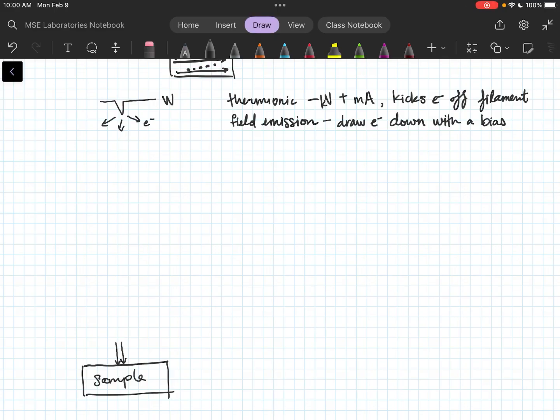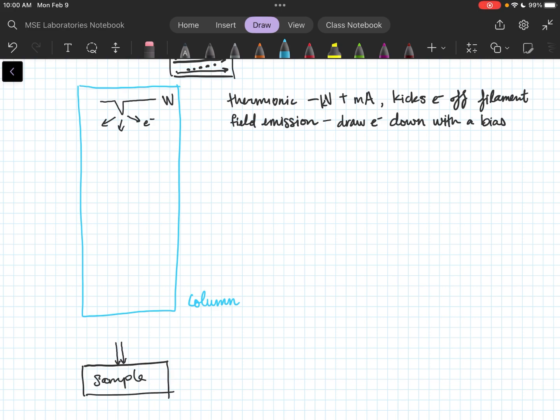And what I've got in between all of this, pretty much from the filament all the way down to right next to the sample, we call the column. If you look at most electron microscopes, you can actually physically see the column. It is literally just a stack of metal cylinders with stuff sticking out of the sides of them.